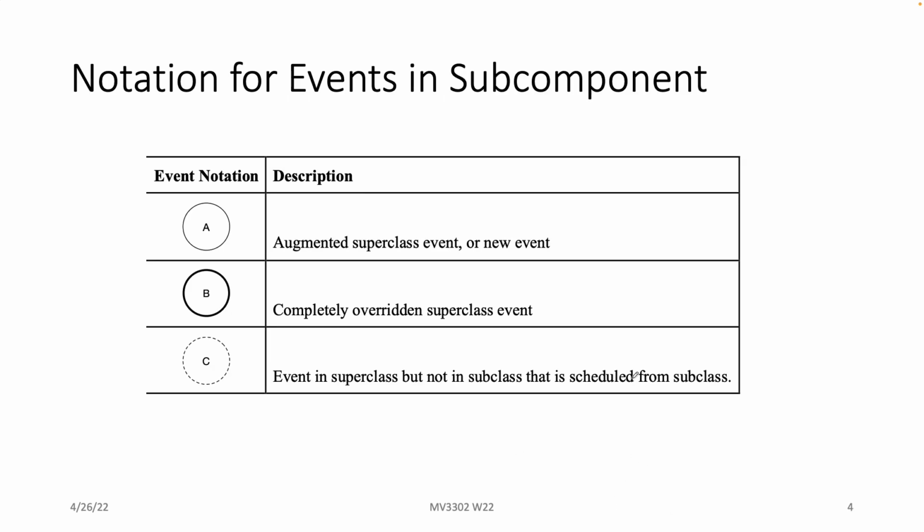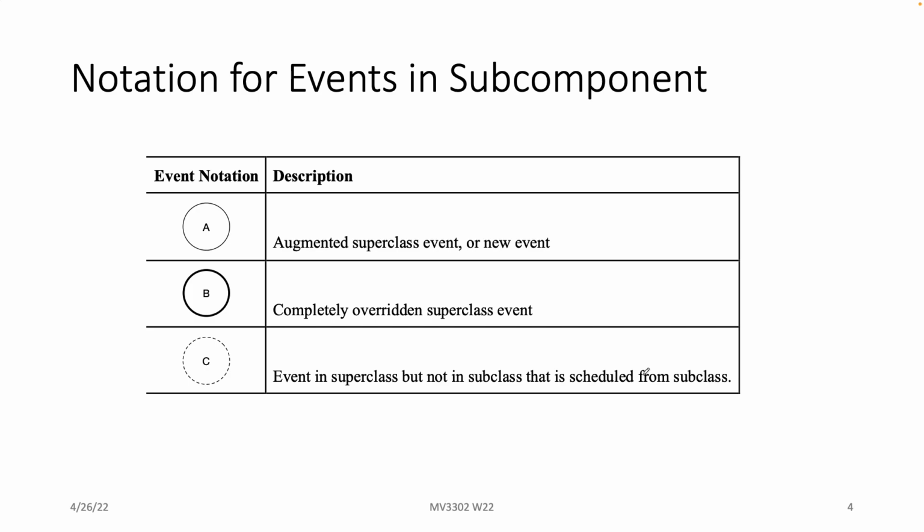Okay, now, in the event graph terminology, there are essentially three possible things that could happen when we define what makes a subcomponent. Typically, you will have at least one more event.